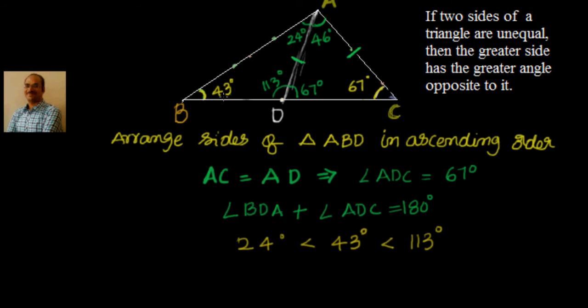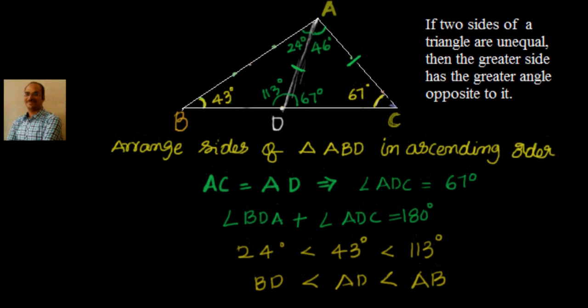Now, what is the side opposite to 24 degrees? That is nothing but BD. So BD is less than, opposite to 43 degrees is AD, so that is less than AD, which is less than, opposite to 113 degrees we have AB. So this is how we have arranged them in the ascending order.